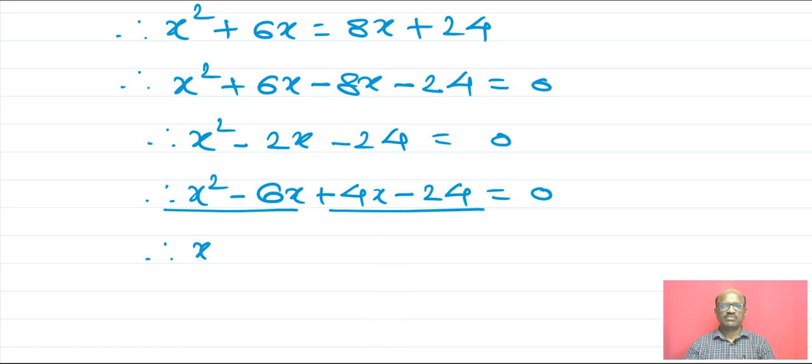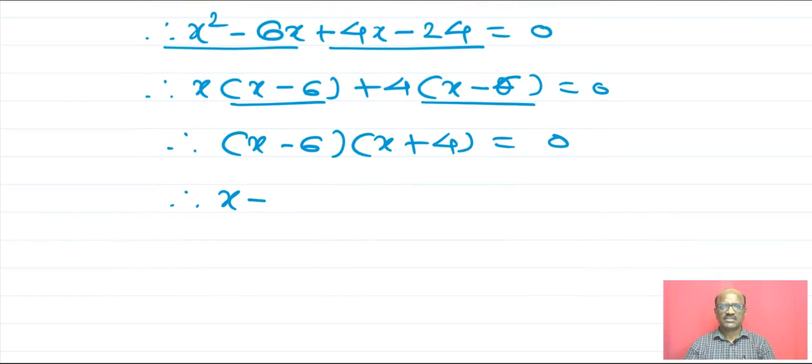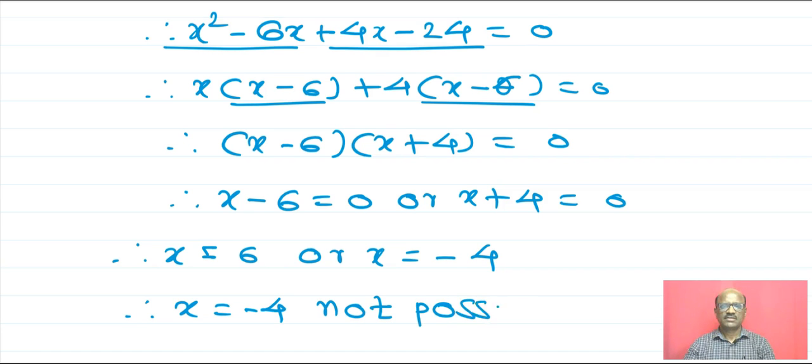Take x as common from the first bracket: x minus 6 plus 4 in bracket x minus 6. Therefore, x minus 6 in the first bracket and x plus 4 in the second bracket equals 0. Therefore, x minus 6 equals 0 or x plus 4 equals 0. Therefore, x is equal to 6 or x is equal to minus 4. But x equal to minus 4 is not possible.